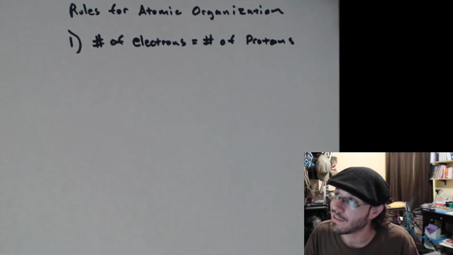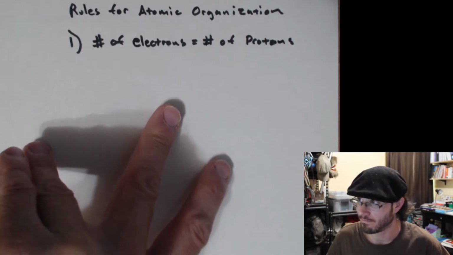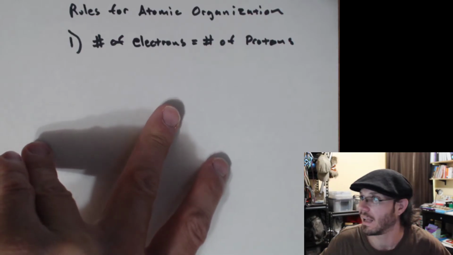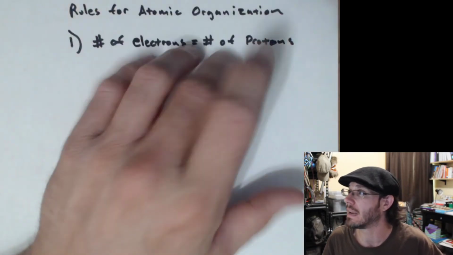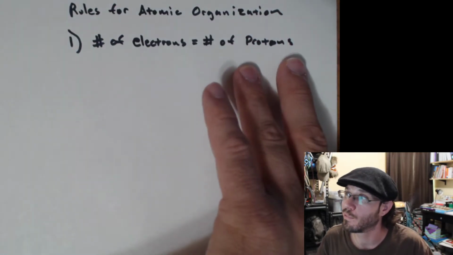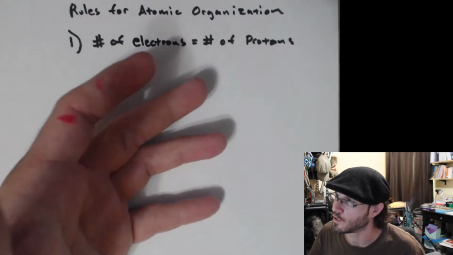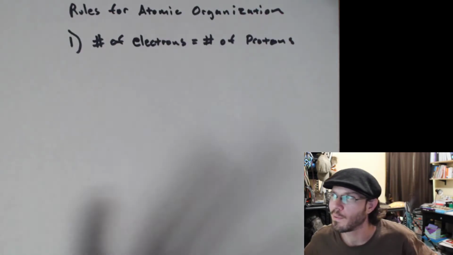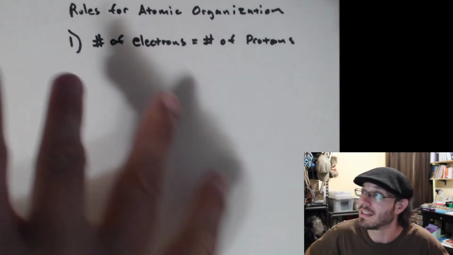All right, that's all there is to it. If I tell you that an atom has 10 protons, how many electrons does it have? 10, okay? It's always going to have the same number of electrons as protons if the atom is balanced, and we're going to assume that it starts out that way. We will talk about imbalancing these atoms later.